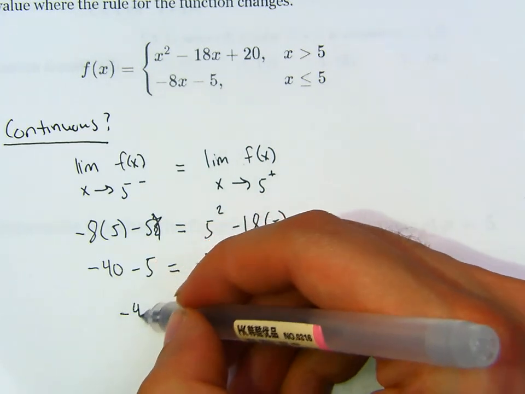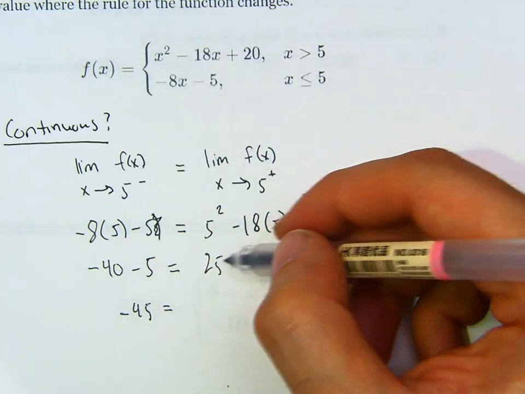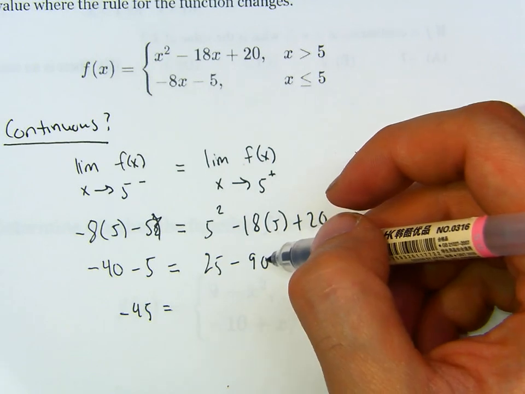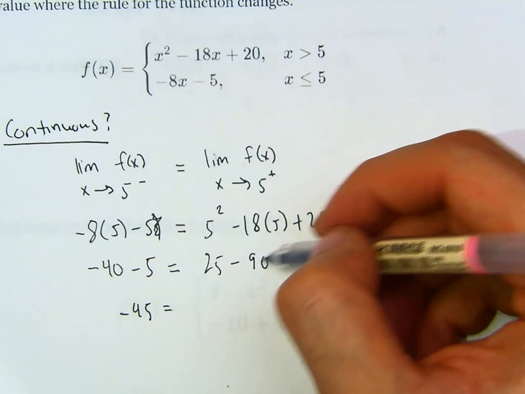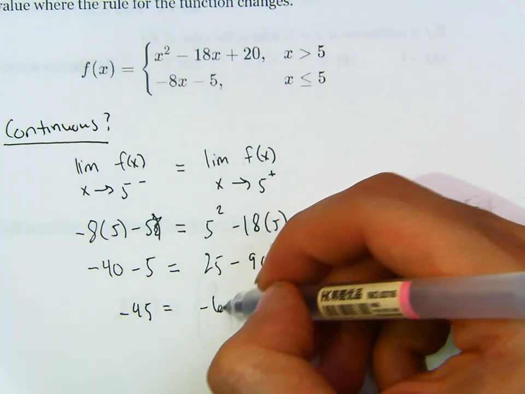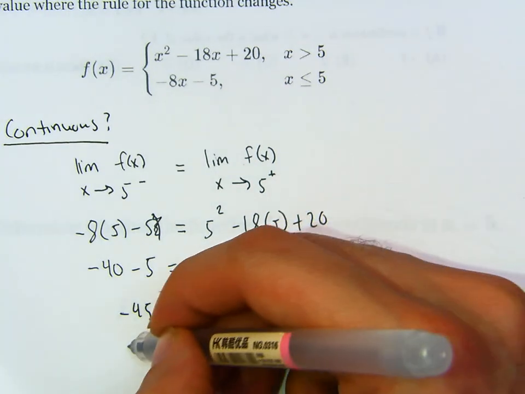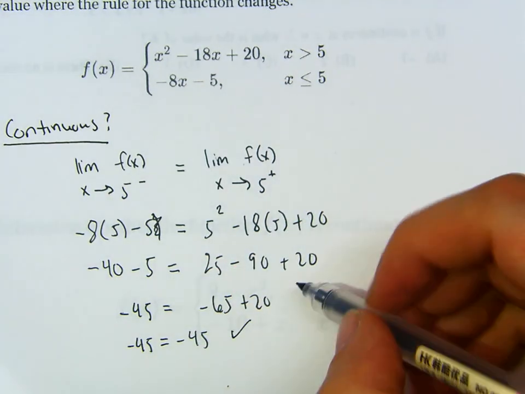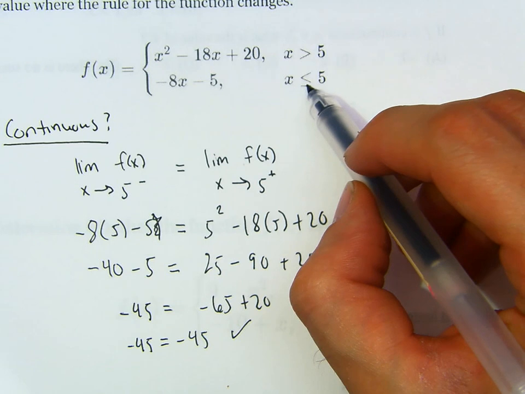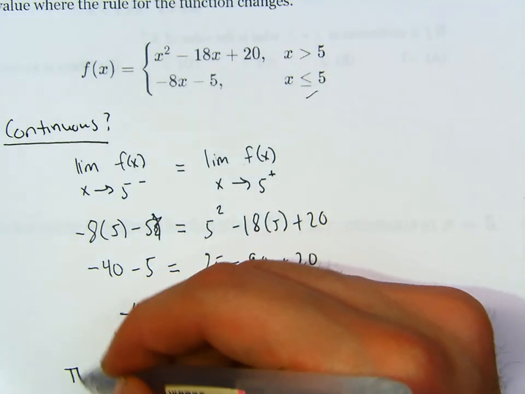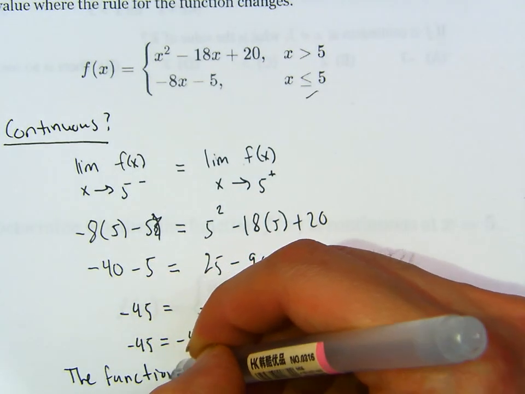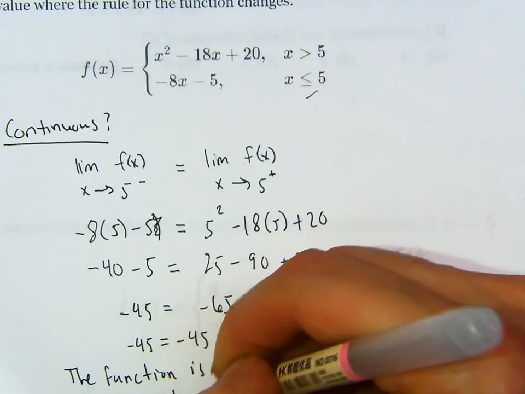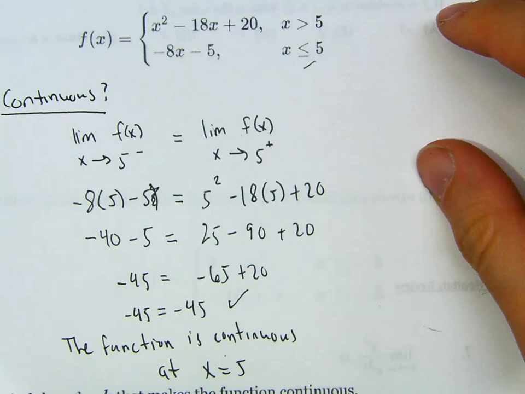So this is negative 45, does it equal, let's see, 25 minus 90 is negative 75, no, negative 65. So it's negative 65 plus 20. Negative 45 equals negative 45. Okay, so this looks good. And do we have the equal sign here? Yes. So the function is continuous at x equals 5. Okay?